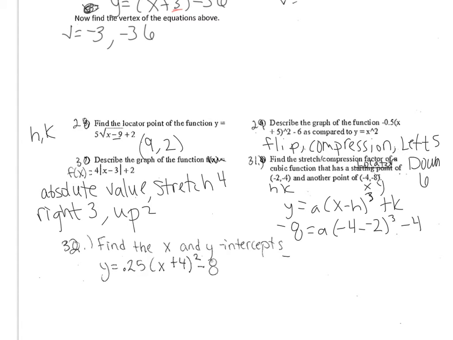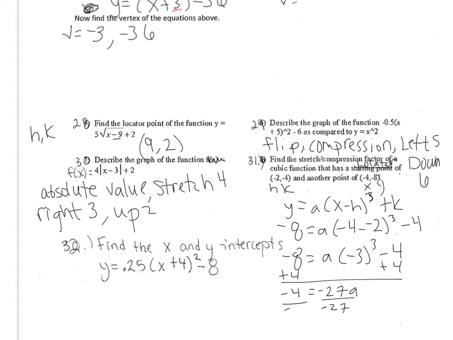Okay, so now I have -8 equals a times -4 minus -2, which is -2, cubed, minus 4. Then that's going to be -27. I'm going to add 4. That's -4 equals -27a, and I'll divide by -27. That decimal, 4 divided by 27, is your answer, 0.148.